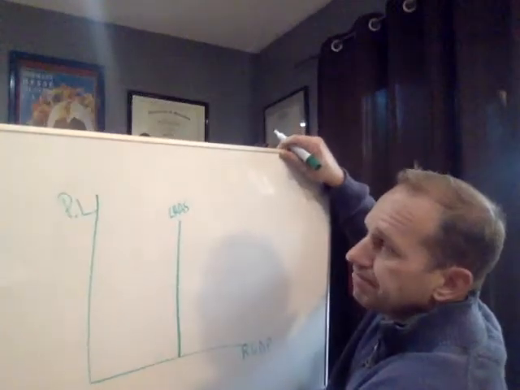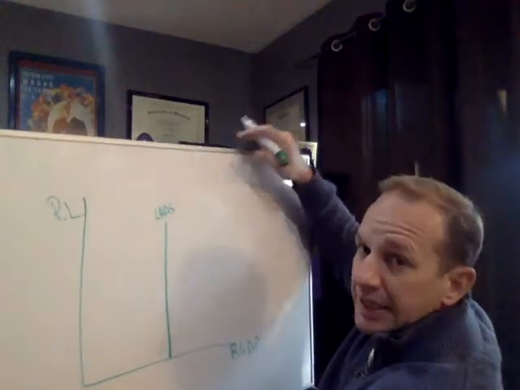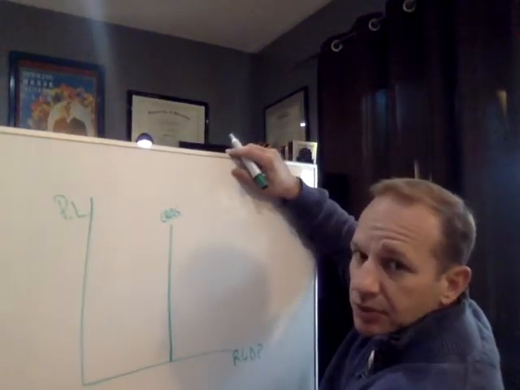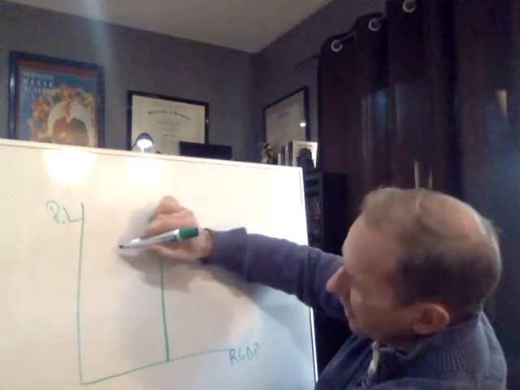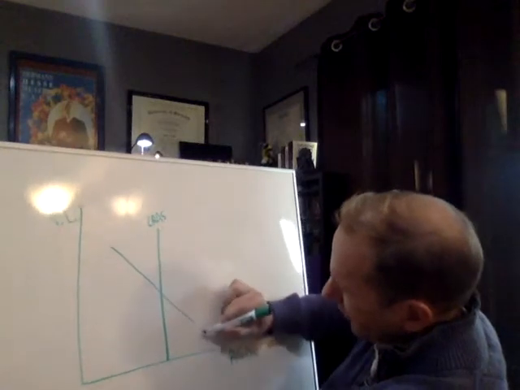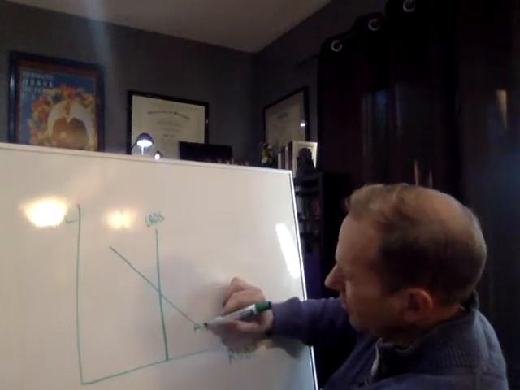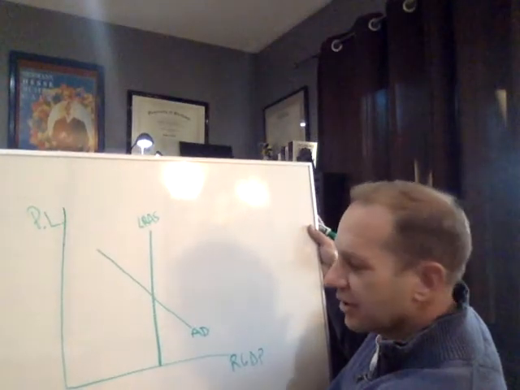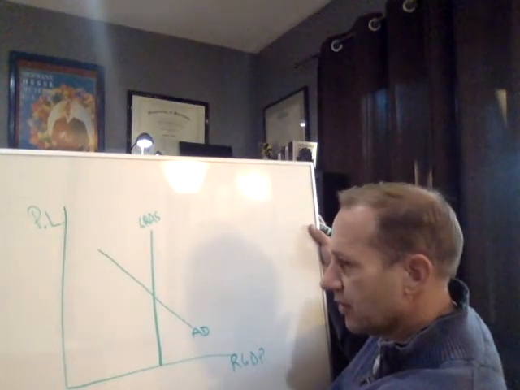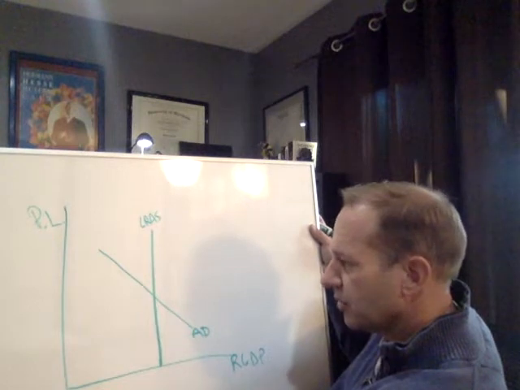It's a parallel idea to the production possibilities curve. It's what the economy can do. Aggregate demand is downward sloping. And the determinants of aggregate demand, I'm just reminding you, are C, I, G, and NX. The same as the national income identity: consumption, investment, government spending, and net exports.